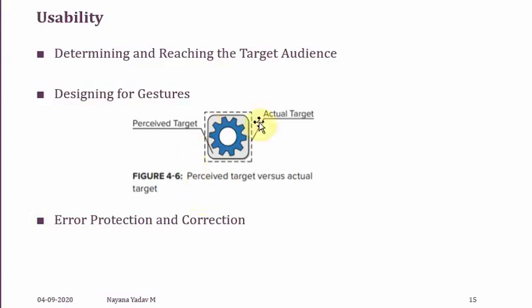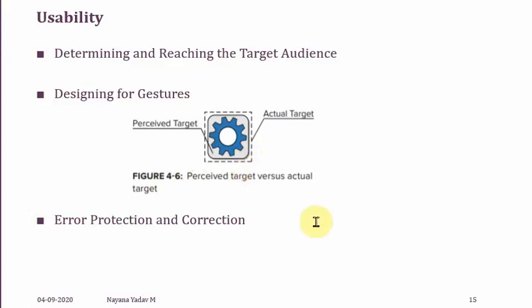Along with that, this diagram tells you about the perceived target and actual target. The perceived target is only this much part, the gear symbol within the border, whereas the actual target is a little extension, that white part you can see. So it can happen that if you click on that actual target also, that icon can be opened. Okay.